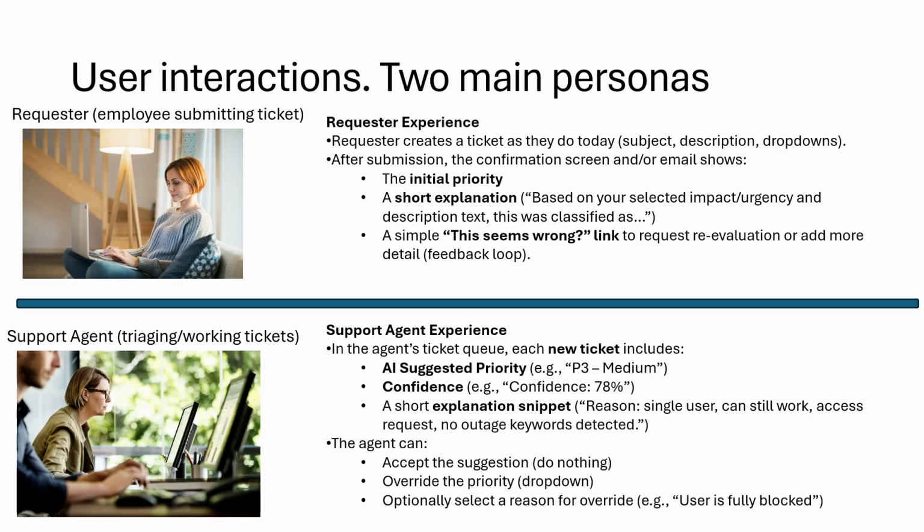It receives a confidence level from the model and a brief explanation. And then the agents can also accept or override the suggestion. And this is a key feature that we learned. We want to use that to constantly provide feedback data, and that gets used for improving the model over time.